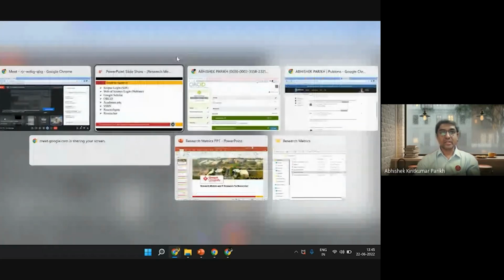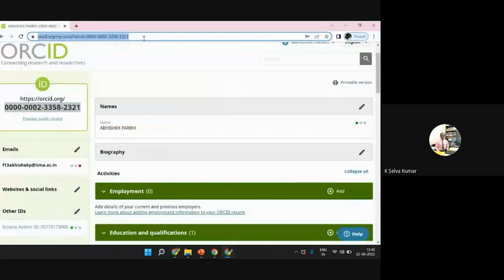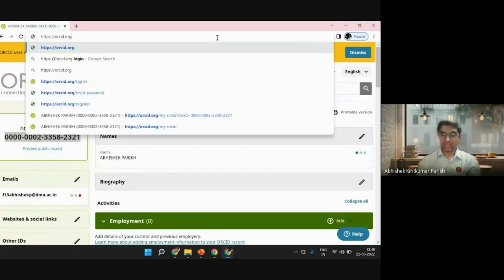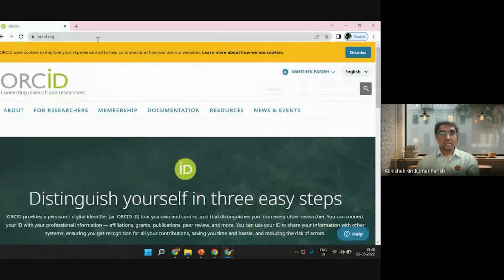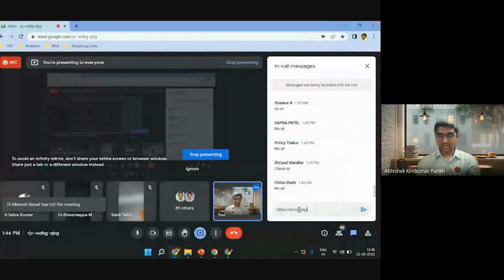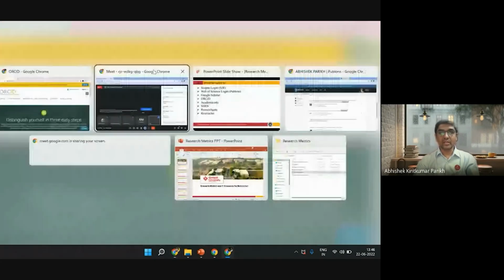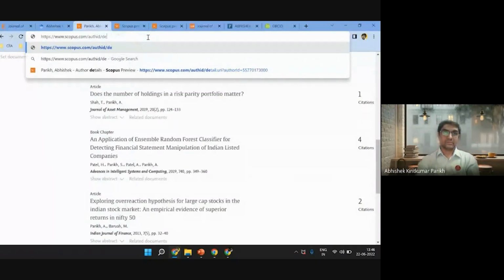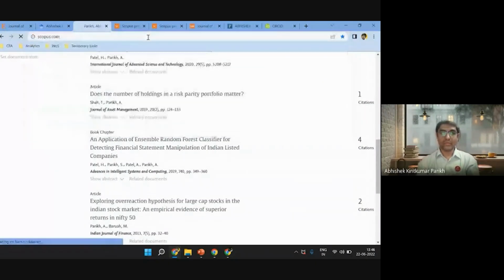Okay, so let me share the link, I will update it for you, sir. Creating a profile: go here and create it, right? And then you can further create a Scopus profile, and a Web of Science profile.